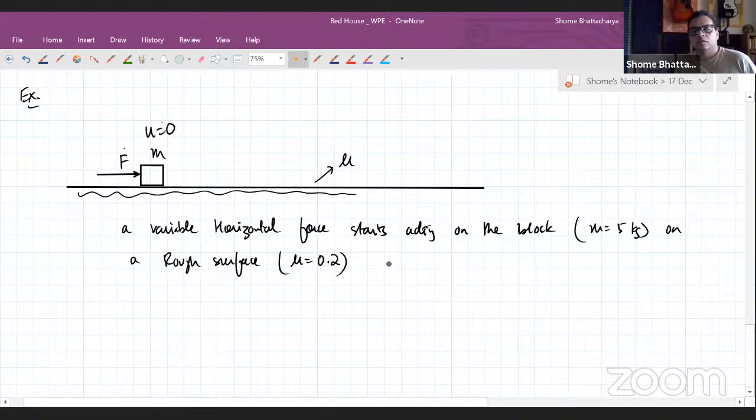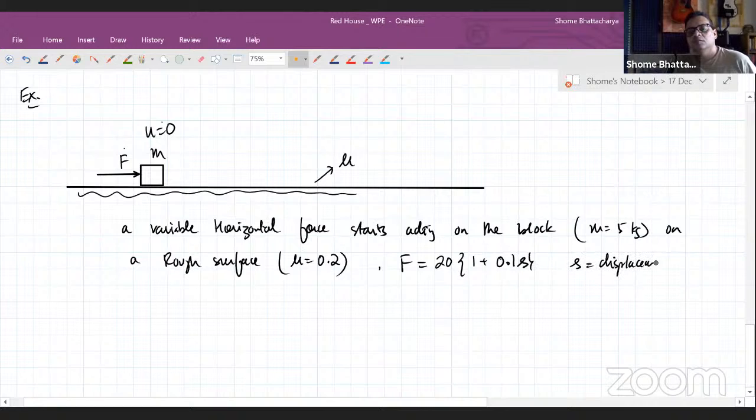So that variable force is given by this formula. Its magnitude is equal to 20 into (1 plus 0.1 s), where s is the displacement of the block in meters and F is the force in newtons.